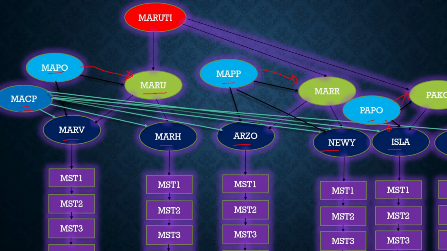You can't see any arrow from MACP to MARU, or from MACP to MARR, this company code. You can't see any assignment from MACP to that third company code, PARC. That simply means we never ever assign any company code to a centralized purchase organization.